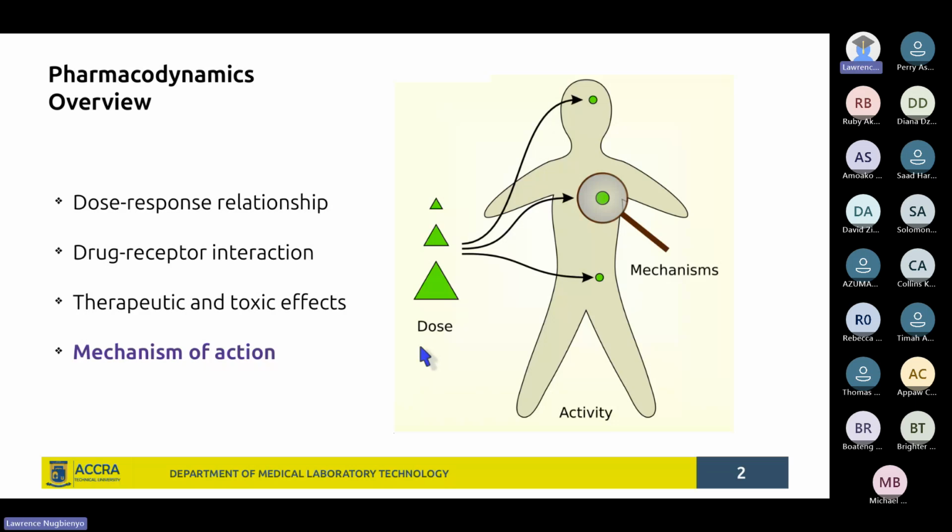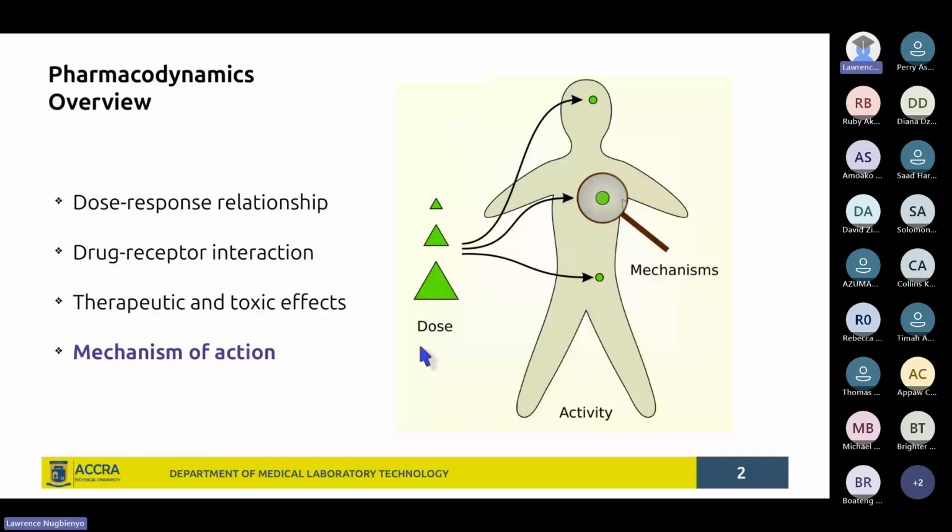We did talk about the fact that pharmacokinetics dealt with what the body does with the chemical substances that get into the body, looking at processes of absorption, distribution, metabolism, and excretion. And pharmacodynamics today, we're looking at those response relationships of the chemical substances that we are exposed to.